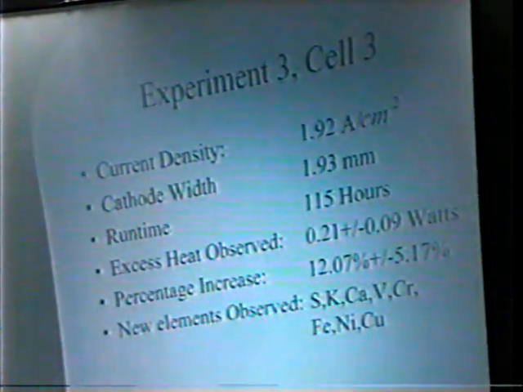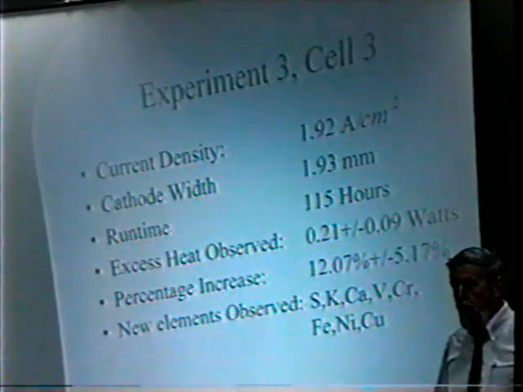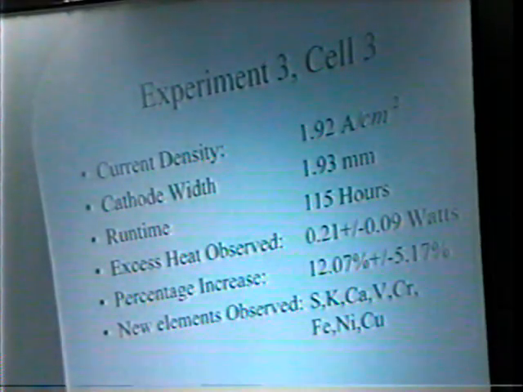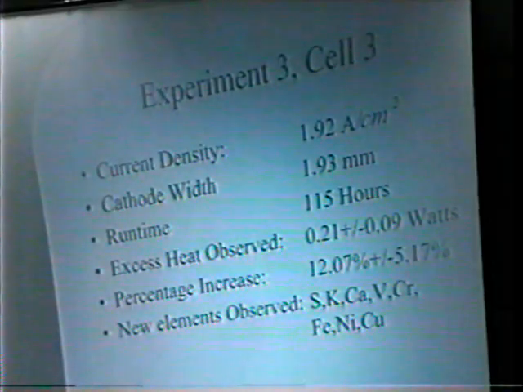What happens is usually failure occurs at the interface between the Teflon and the lower titanium cathode. In this experiment, we had excess heat of this magnitude, where the 0.09 watts is 3 sigma. So this is statistically significant.